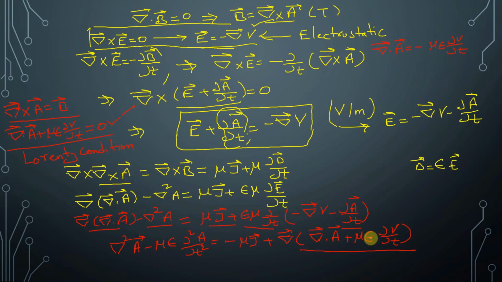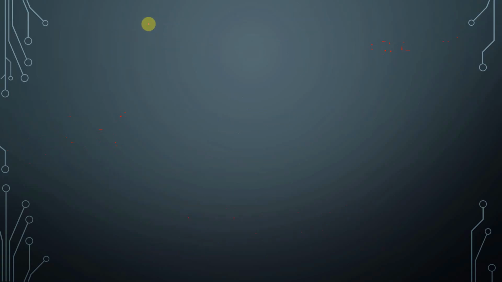If this is equal to 0, then this equation reduces to del square A minus mu epsilon curl square A upon curl T square is equal to minus mu J. You have to remember this equation.